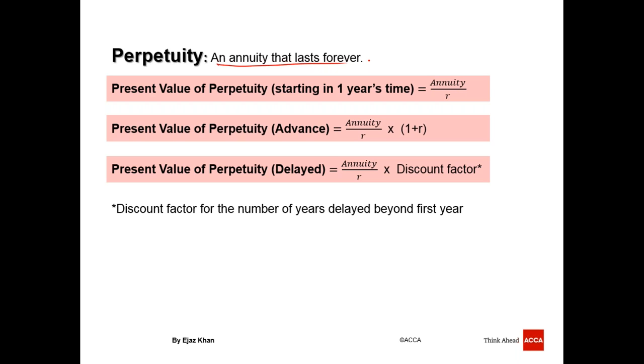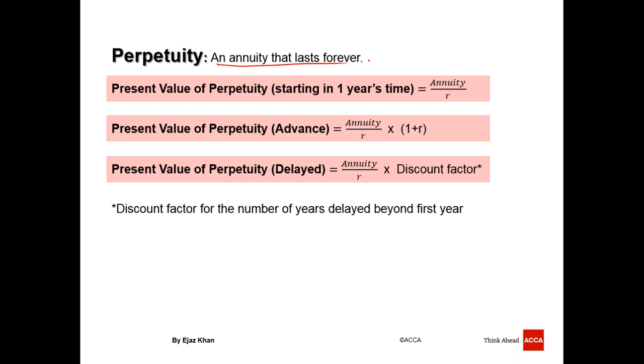Fahim, whether it's ordinary shares or irredeemable preference shares, in both cases, investors receive dividends for an indefinite period of time. So that's the case of perpetuity. Now, how do we calculate present value for a perpetuity?